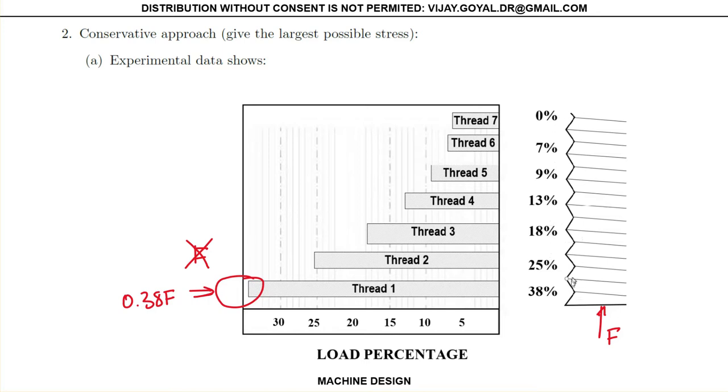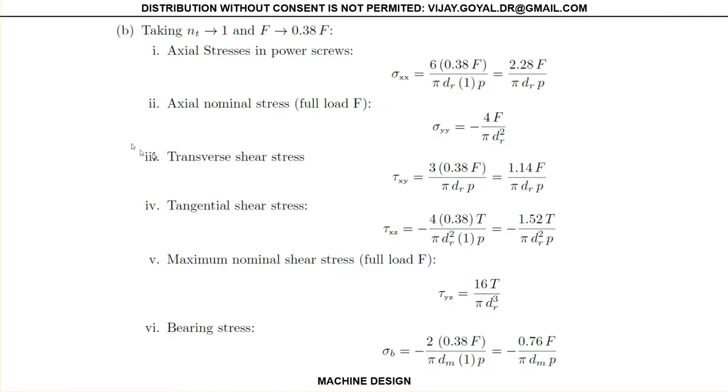So what we're going to do is design your first thread, make sure that's safe, and assume all the others are identically the same. Another thing we're going to do is imagine the worst case scenario: let's suppose you have only one engaged thread. Obviously, that's not going to be true, but this is conservative. So I'm going to replace all the n's with 1.